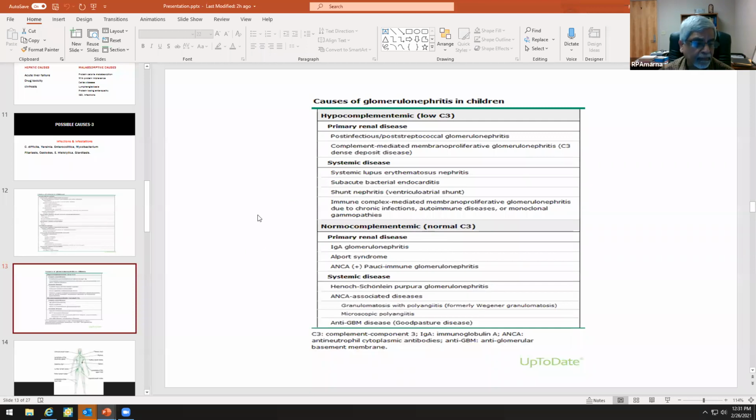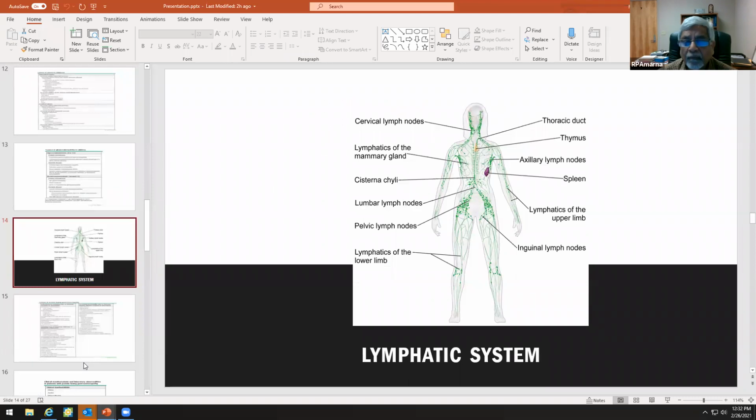So shifting gears from here, we're going to switch over to GI causes for this problem and start looking at how the GI problems occur. First we'll start with the lymphatic system.